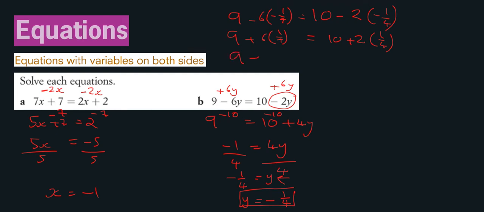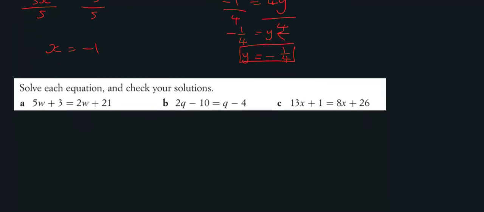So we got 9 plus half of 6 is 3, 1.5. Then we've got 10. Half twice is 0.5. So we get 10.5 is equal to 10.5, which is correct. Okay, so that concludes the section on variables on both sides.